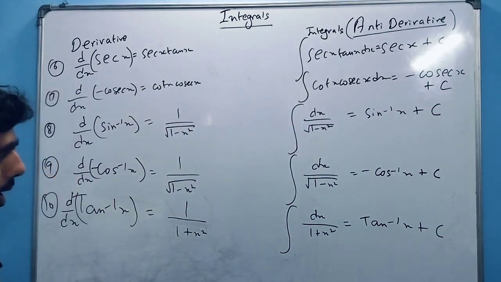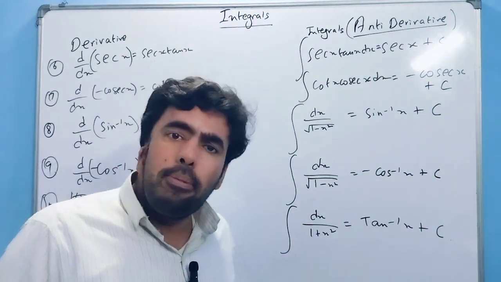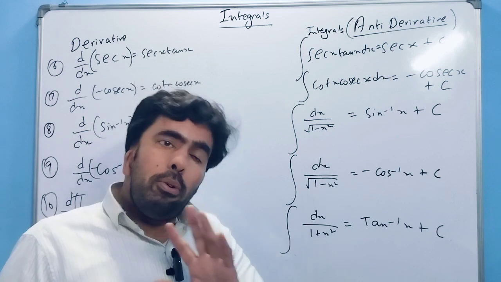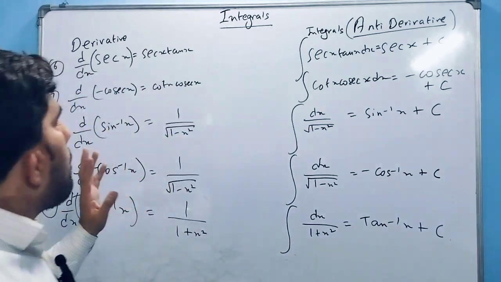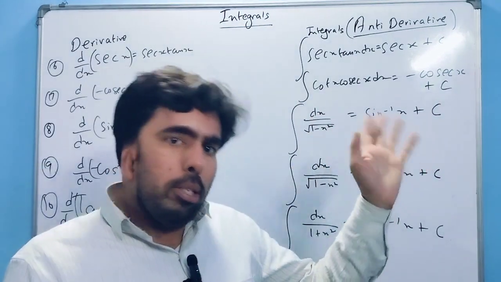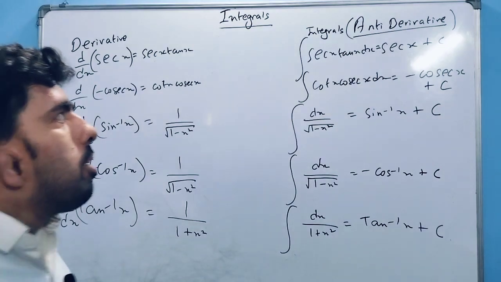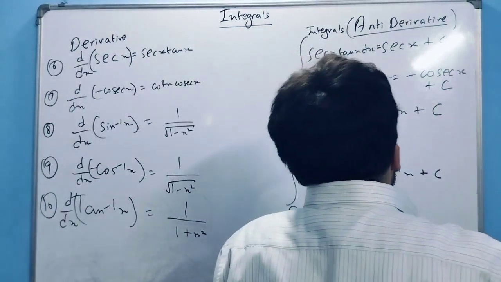So finally we are able to find the derivative and the antiderivative. I hope now you have cleared the basic difference between the derivative and the antiderivative. Now we'll solve numericals so you are able to understand and clear your doubts.